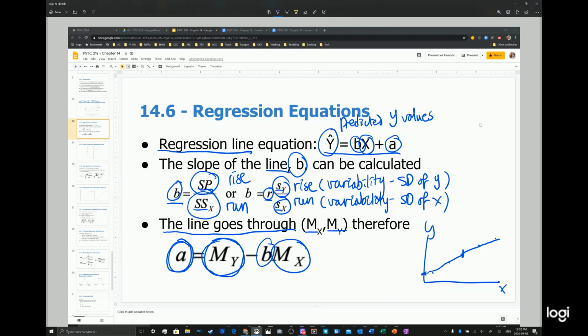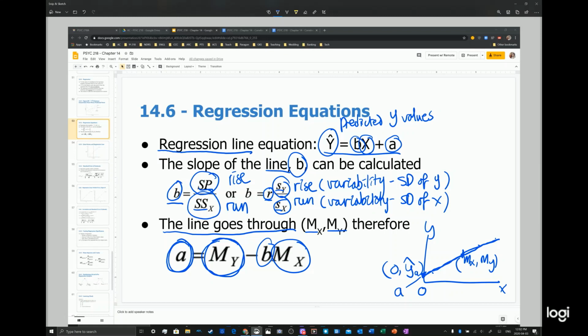And then we have this point here, that's your mean of x and mean of y. And as we draw the line using the equation, there's a point here when x is 0, and we need to find out what the y hat value is when x is equal to 0. So that's your quote unquote A here, and this point is the y-intercept of your regression line.